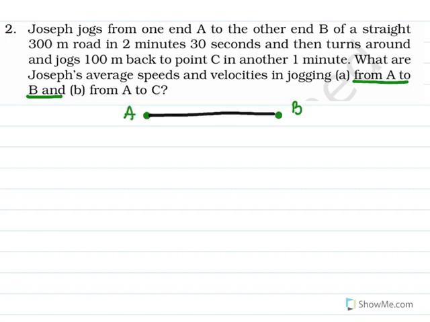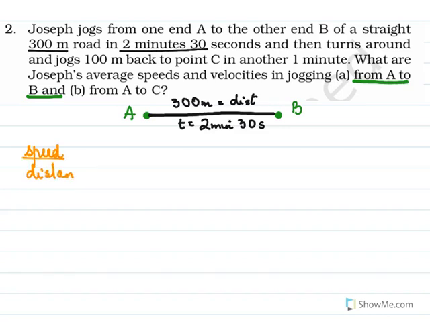So here from A to B, we saw the distance was 300 meters, and the time taken by him was 2 minutes 30 seconds. Let's find out speed and velocity. To find out speed, we need to know distance. The distance from A to B is 300 meters, and the time taken is 2 minutes plus 30 seconds.